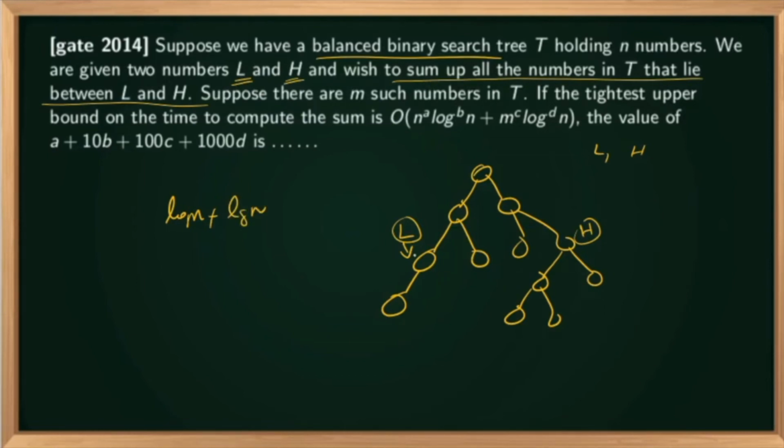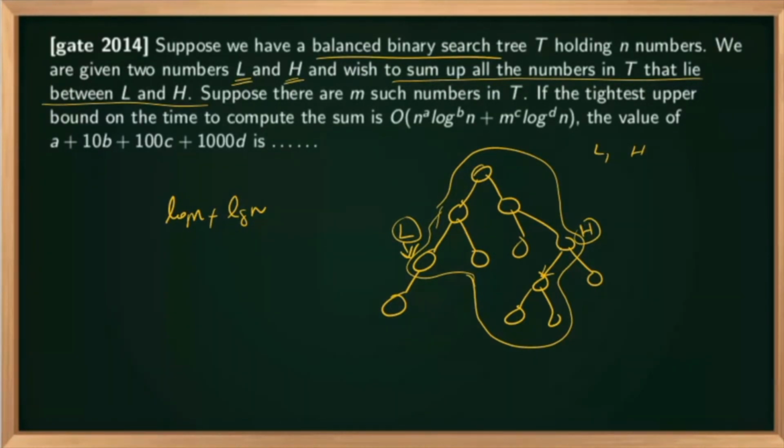So I know now this is one point and this is another point. So basically, I have to add all these points, because all the values here should be less than or equal to H, right? So I have to basically add all these values. That's all, right? So I know the lower bound, I can get it with log n. I can get the upper bound with log n.